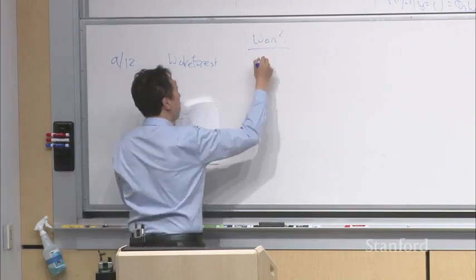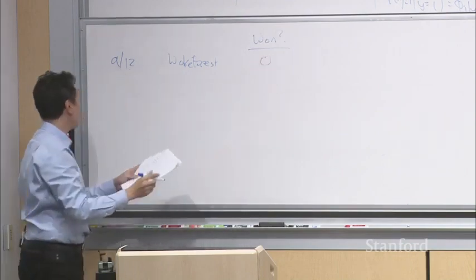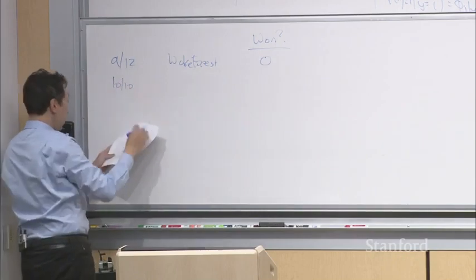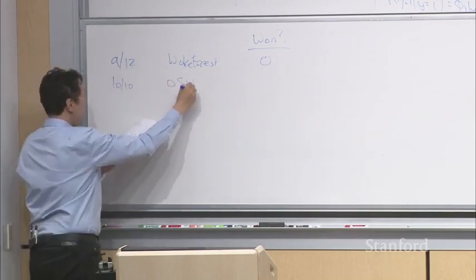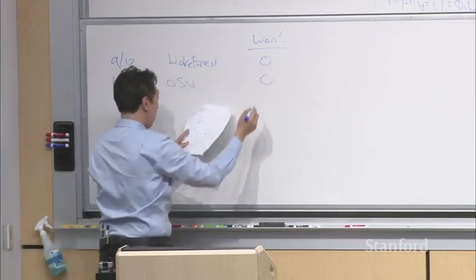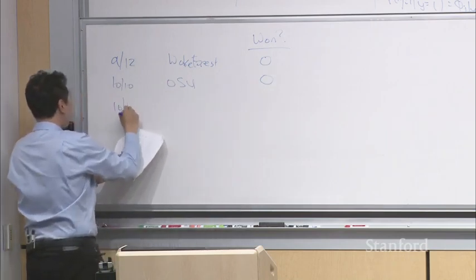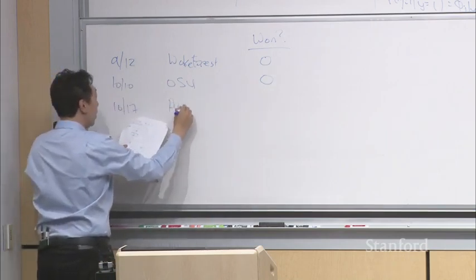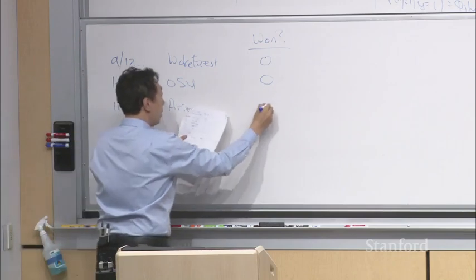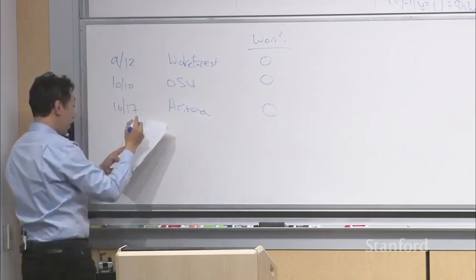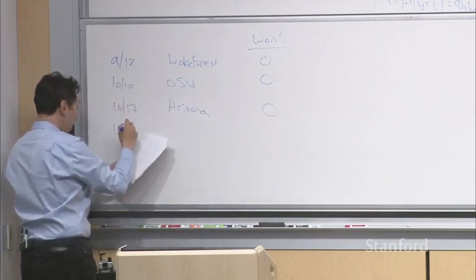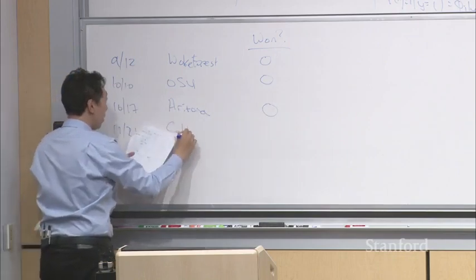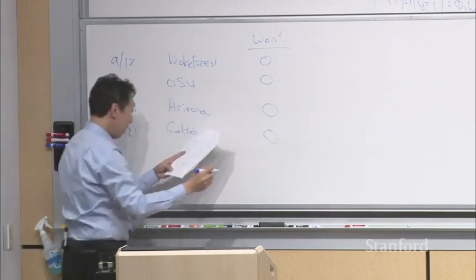Right, and we did not win that game. Then on 10/10, we played Oregon State, and we did not win that game. Played Arizona, we did not win that game. We played Caltech, we did not win that game.